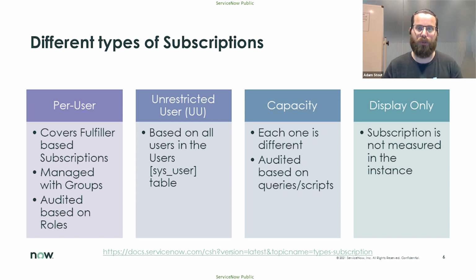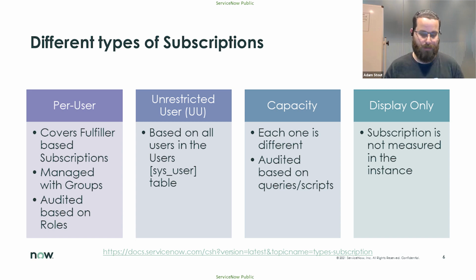Next is unrestricted user. We separate this out from per user because per user, we're effectively looking at roles. Unrestricted user, we're counting who's in sys_user. There's a few slight variations with that, but ostensibly we're just looking at how many users are in a table, how many have a profile. Next is capacity. Capacity, each one is different. This is really important.